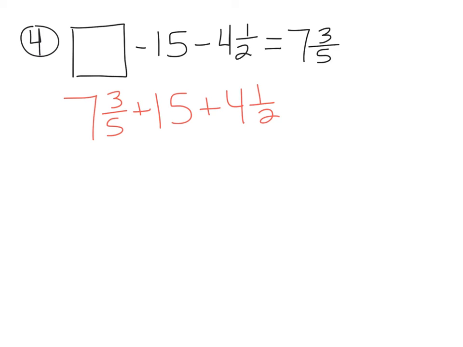To make my life a little easier, I'm going to group some of this. So 7 3/5 plus, well, 15 plus 4 is 19, and then I add that half, so 19.5. Well, can I add 7 3/5 plus 19.5? Absolutely not. I have fifths, I got halves, I need a common denominator.